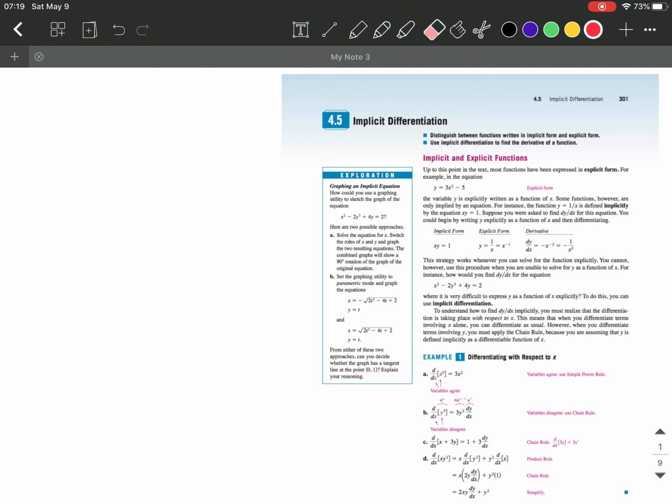This is something so much easier to visualize when you actually see it being done. Some are very easy. You probably already know how to do these, but I'm going to start from the basis because I don't know where you're at with implicit differentiation. So for example 1a, find the derivative, this is another notation, find the derivative with respect to x of x cubed.